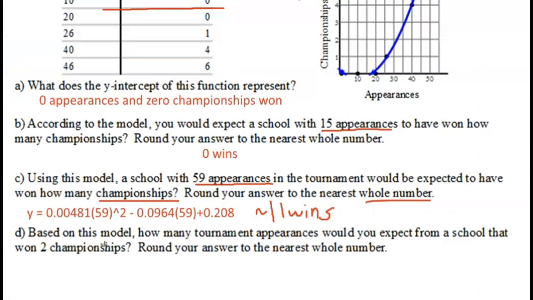D, based on this model, how many tournament appearances would you expect from a school that won 2 championships? Round your answer to the nearest whole number. So this one, it gives you y already. Just like they gave you x on this one, since they gave you y, you're going to be solving instead of evaluating. So we'll put 2 equals the numbers, and then we're going to solve for x.